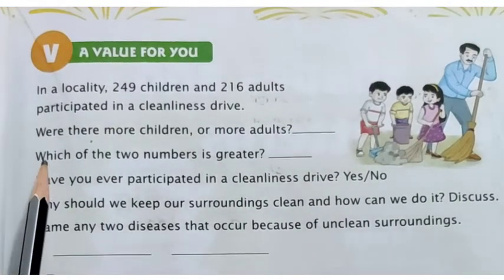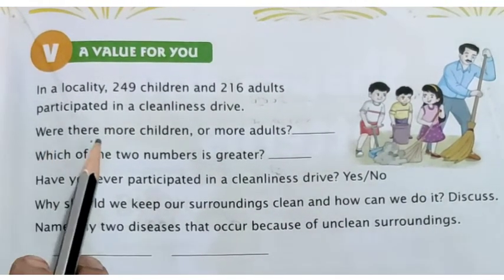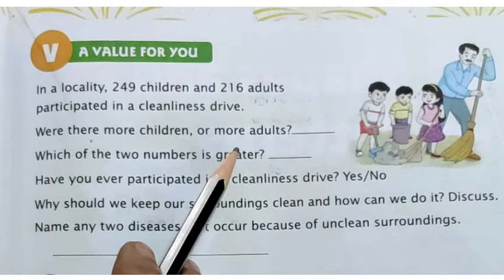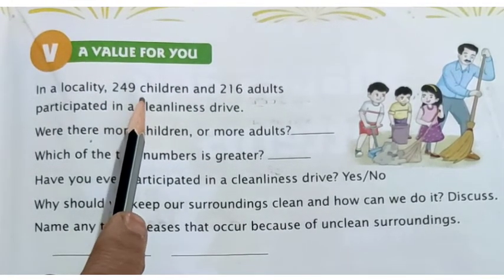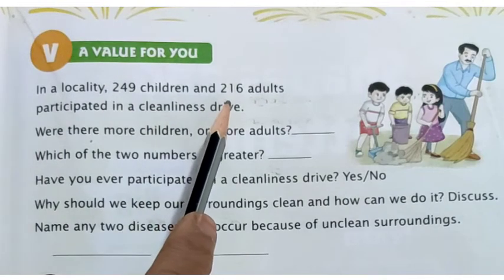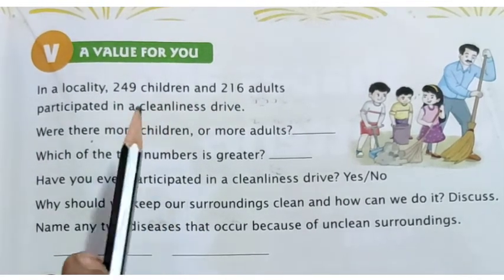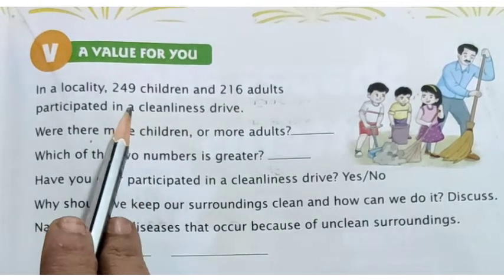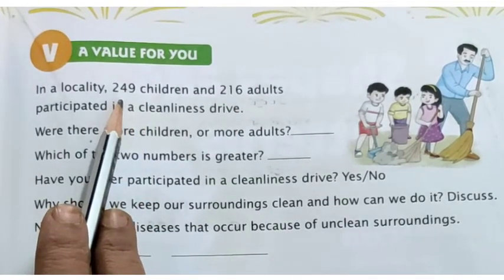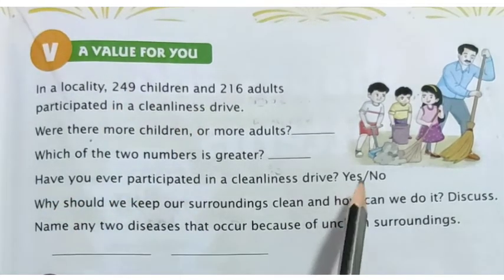The question posed is: were there more children or more adults? Here see the numbers, 249 children and 216 adults participated. More children. 249 is big, greater than 216.